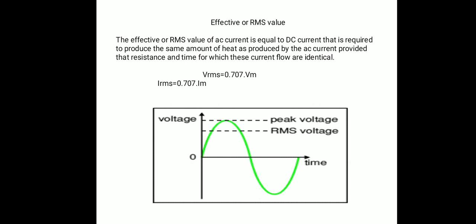If you want to find the RMS value of AC current, it is the DC current which needs to flow through the same circuit or the same heater for the same amount of time, and it generates the same heat as produced by the AC current.